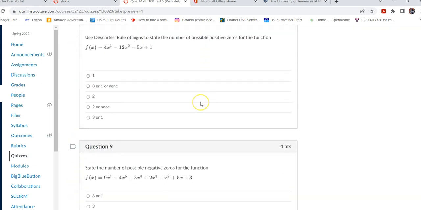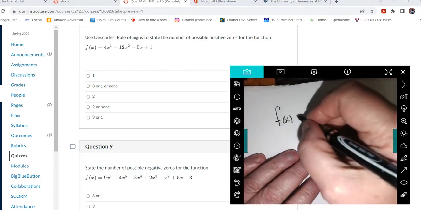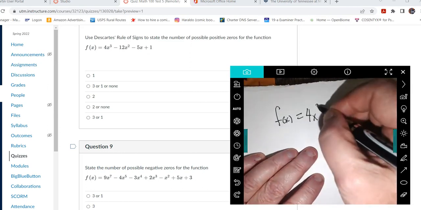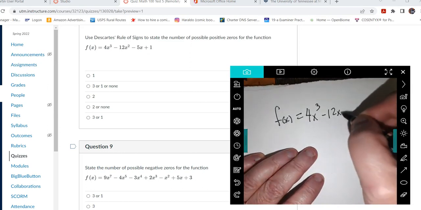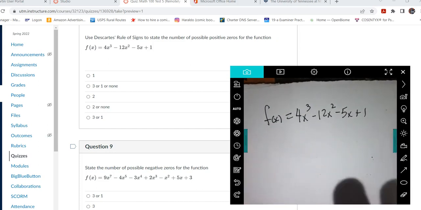Okay. Now we're going to use Descartes' rule of signs to see the number of possible positive zeros. So let me get this up on the screen. So we've got, now I need to count the number of times the sign changes.